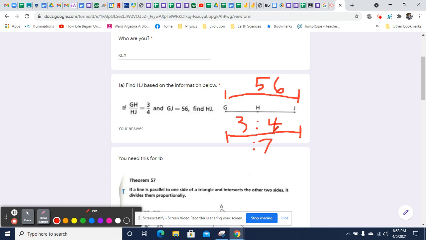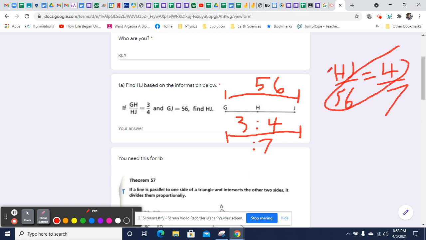What that tells us is that HJ, the portion of GJ that is HJ, is to the entire thing, which is 56, as the portion of the ratio is to the whole, 4 to 7. And now the product of the means equals the product of the extremes.